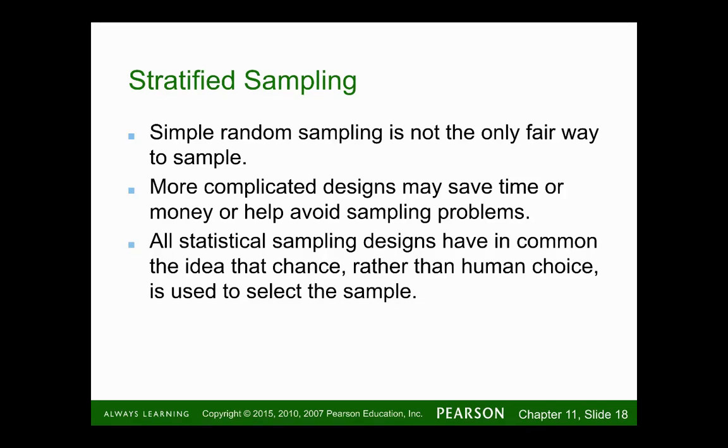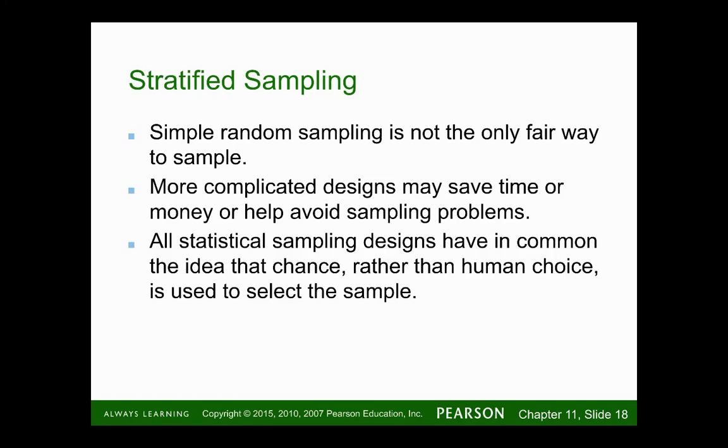More complicated designs may save time and/or money or avoid sampling problems. All statistical sample designs have in common the idea that chance rather than human choice is used to select the sample. What they're saying by total randomness and bias is that by using the random number generator, I'm not thinking about it.